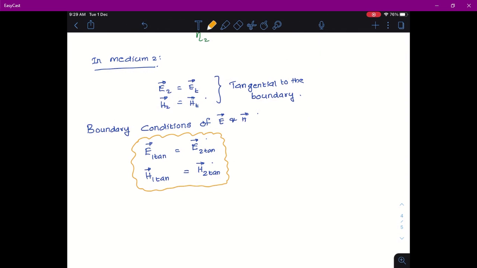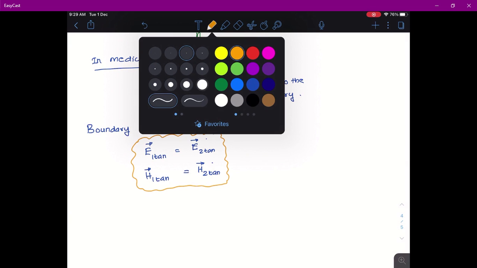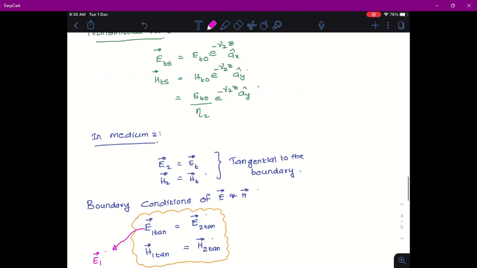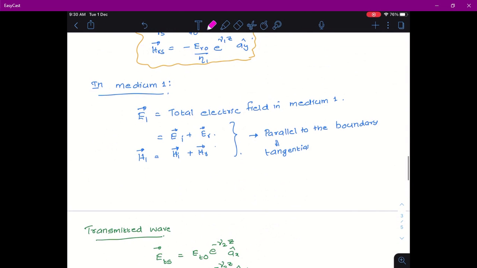Now you see that the tangential component of the electric field in the first medium is the total electric field in the first medium itself, right? That we have stated here.